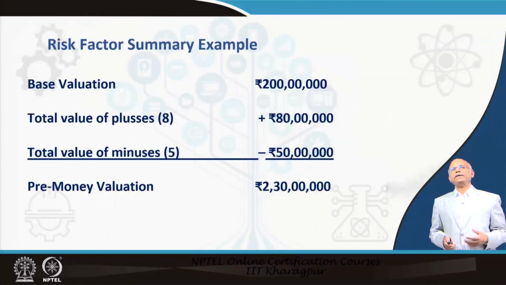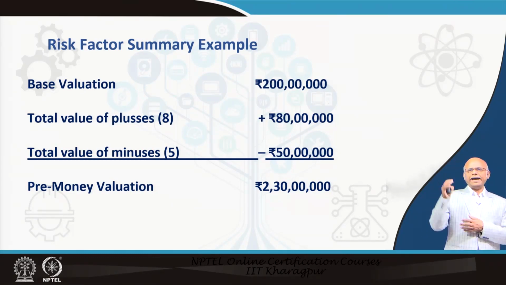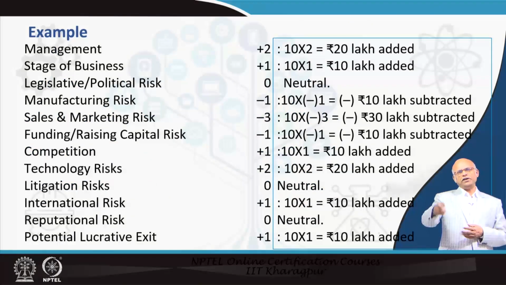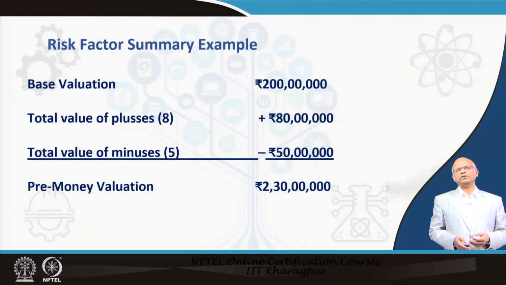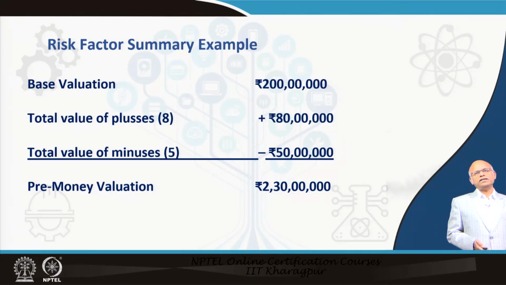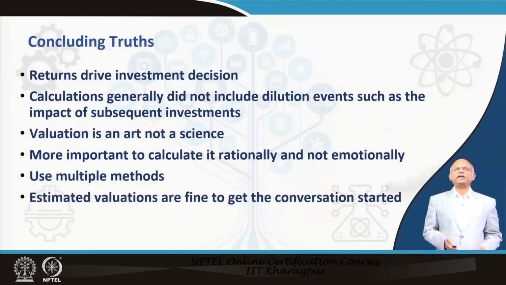Then you make a kind of a base value. Suppose you think that base value is 2 crore. Now, you add and subtract depending on whatever you want to add or subtract from the pre-money value. So, you have added 80 lakh rupees, you have subtracted 50 lakh, you got 2 crore 30 lakh rupees of pre-money valuation.